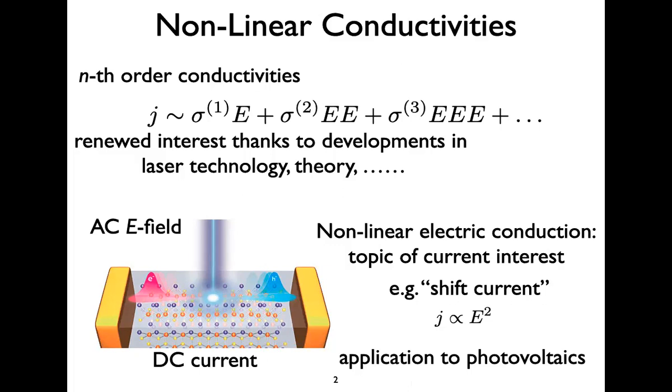That is, you apply the electric field, then current is generated, and this proportionality coefficient is nothing but the linear conductivity. But of course, the current response is not generally just linear in the electric field. So you can have a second order coefficient, third order coefficient, and so on. And these coefficients are so-called nonlinear conductivities.